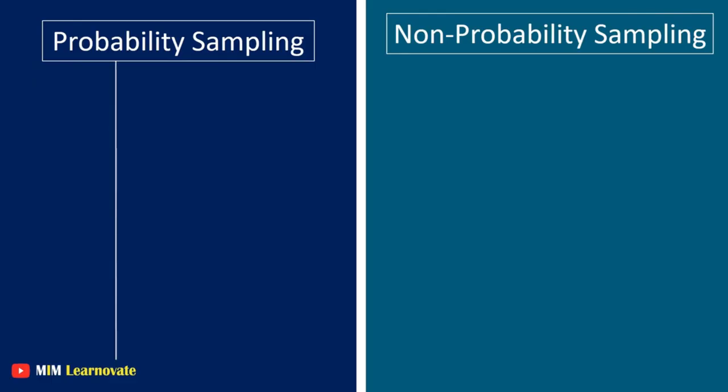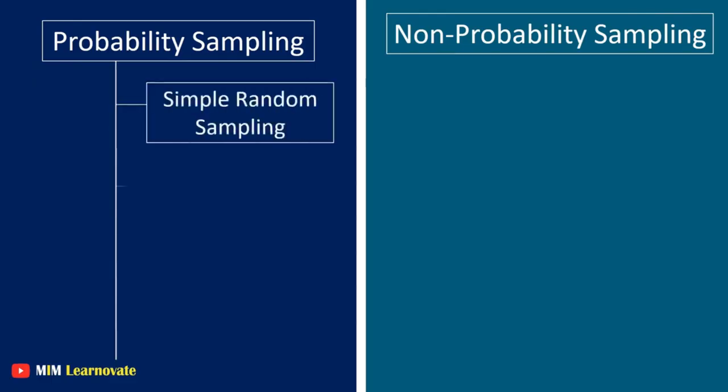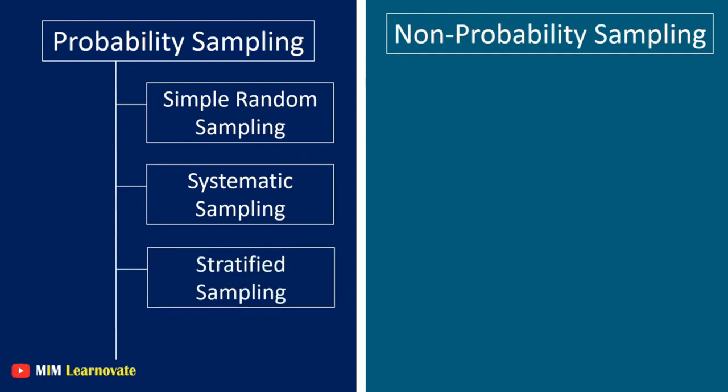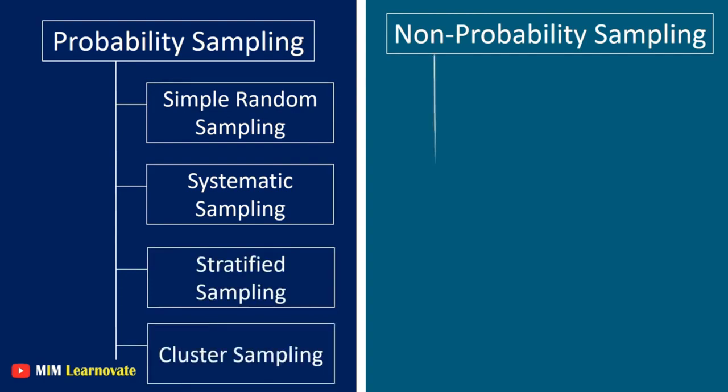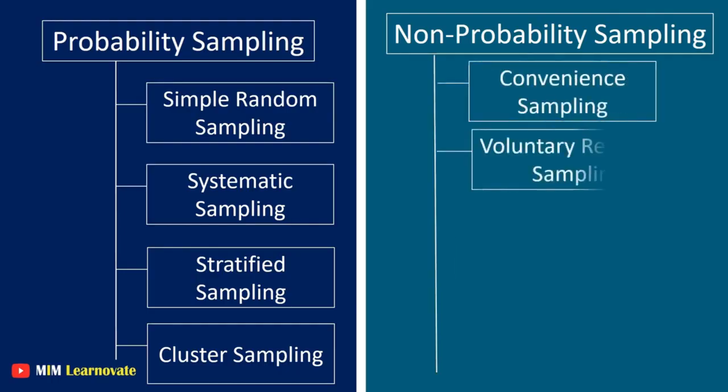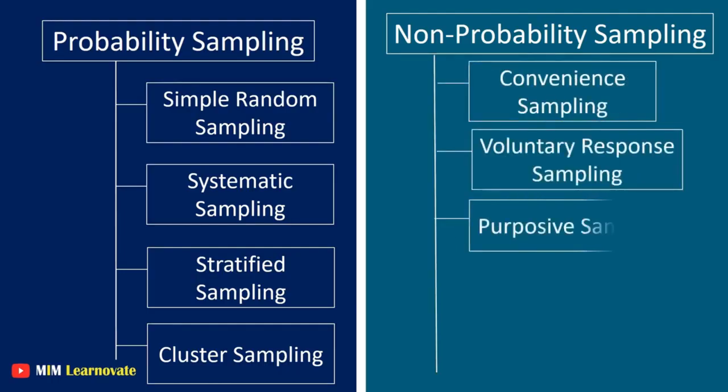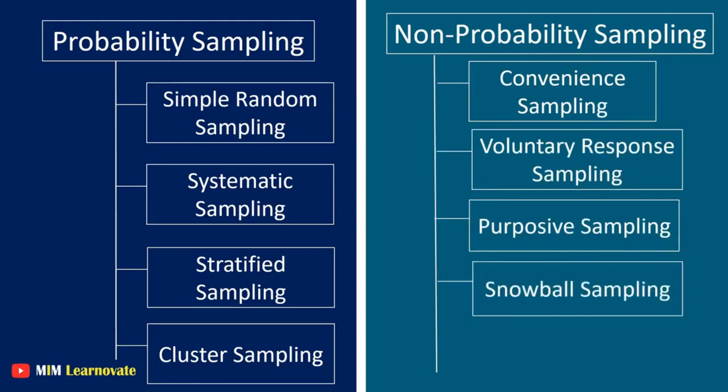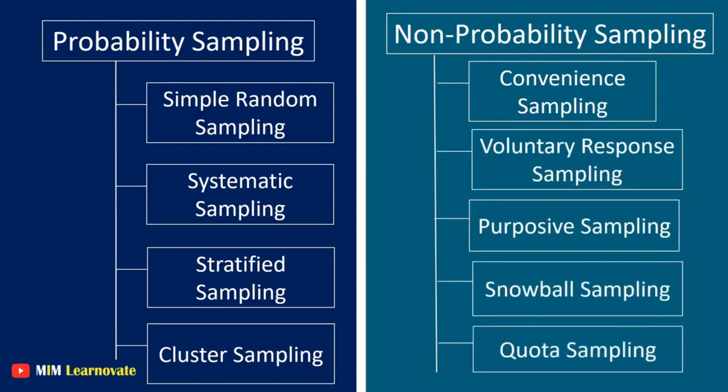Probability sampling methods include simple random sampling, systematic sampling, stratified sampling, and cluster sampling. On the other hand, non-probability sampling methods include convenience sampling, voluntary response sampling, purposive sampling, snowball sampling, and quota sampling.